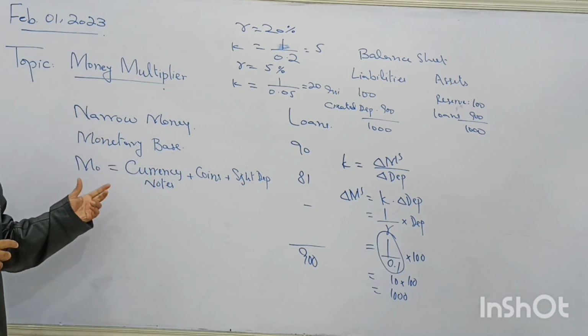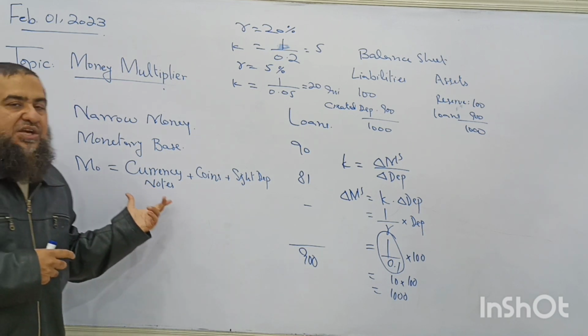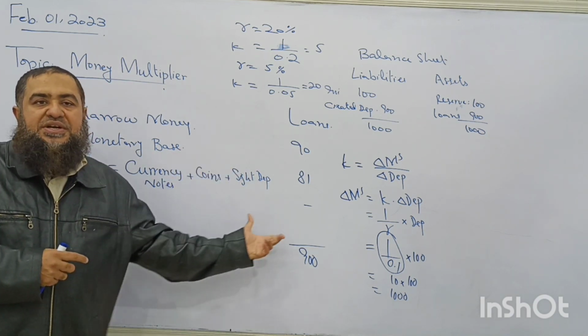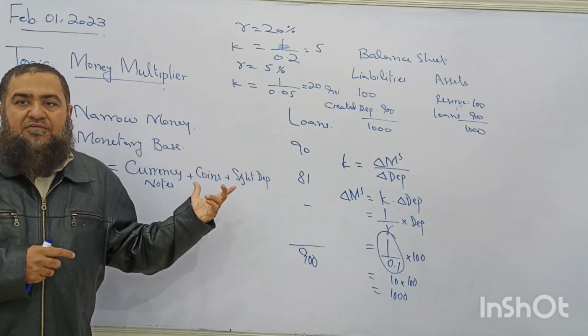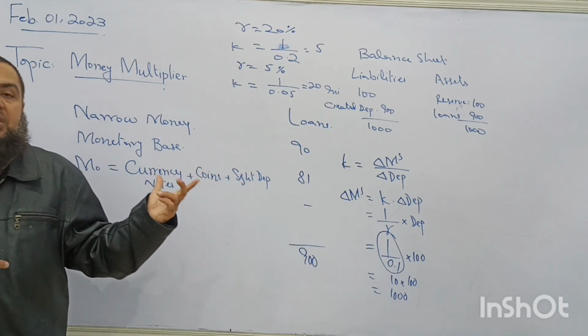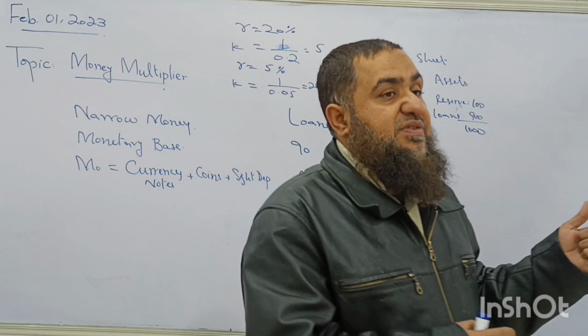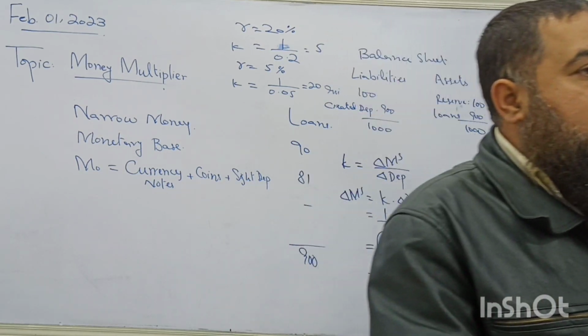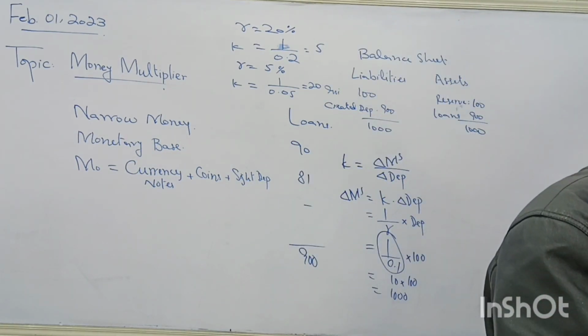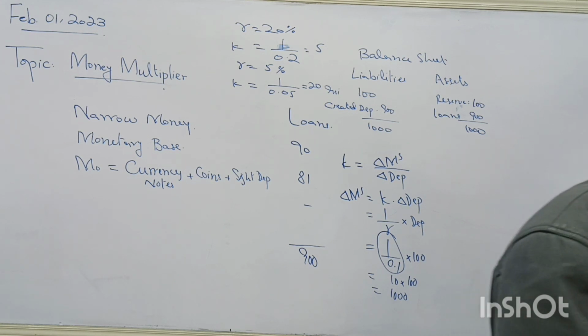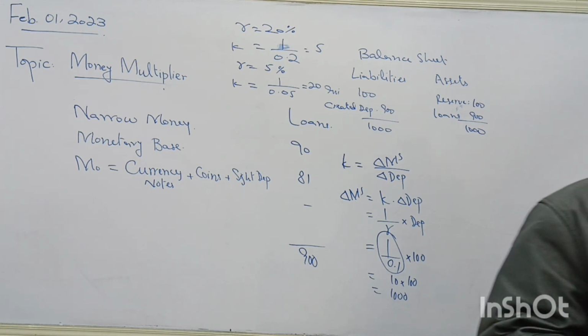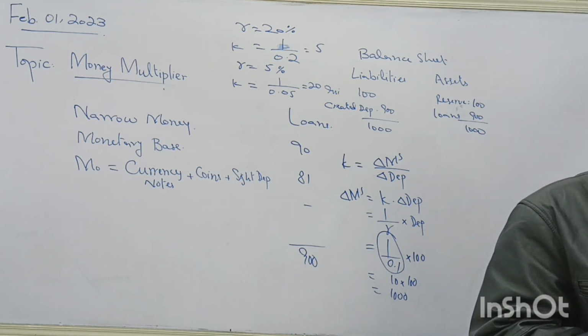So narrow money means what? This is liquid cash which is circulating in the economy, which will perform the function of medium of exchange. Why do we keep liquid cash with us? To buy goods and services. So narrow money is that which is easily convertible into cash.